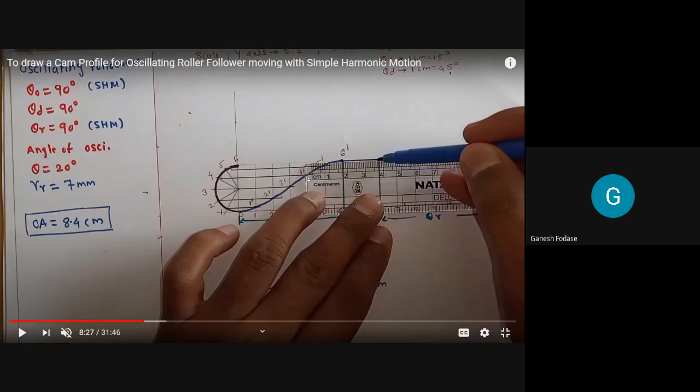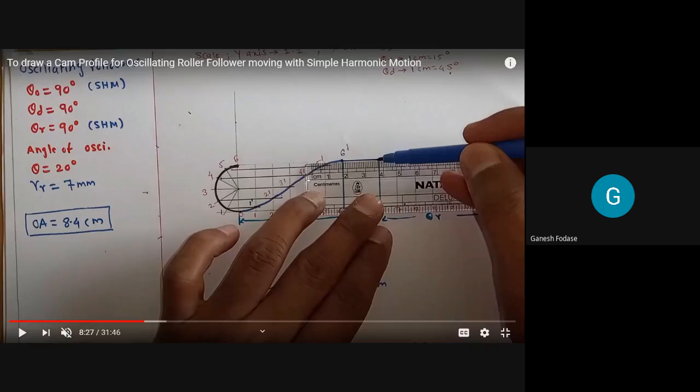How to get points in the return stroke? Don't know? Take the corresponding points on the other side. Yes, we already discussed this in the last lecture also.